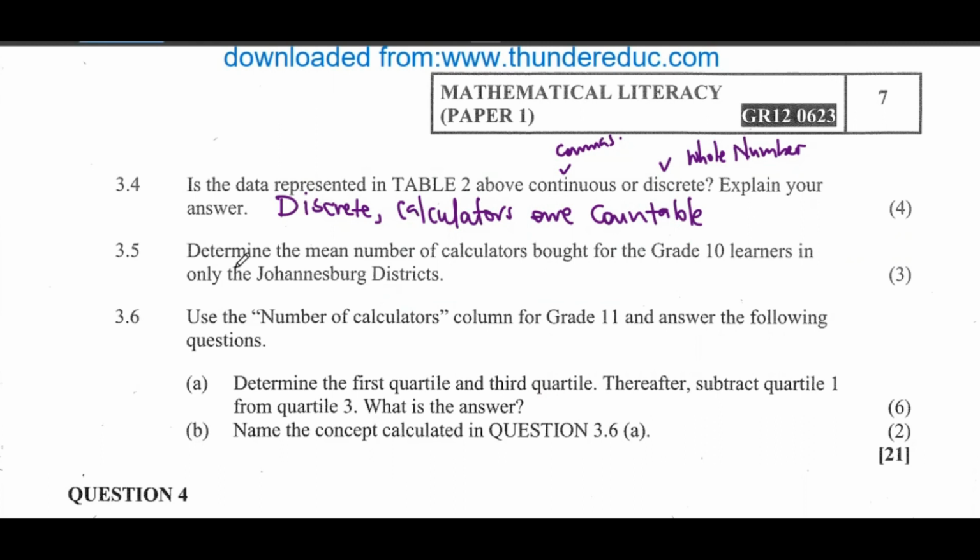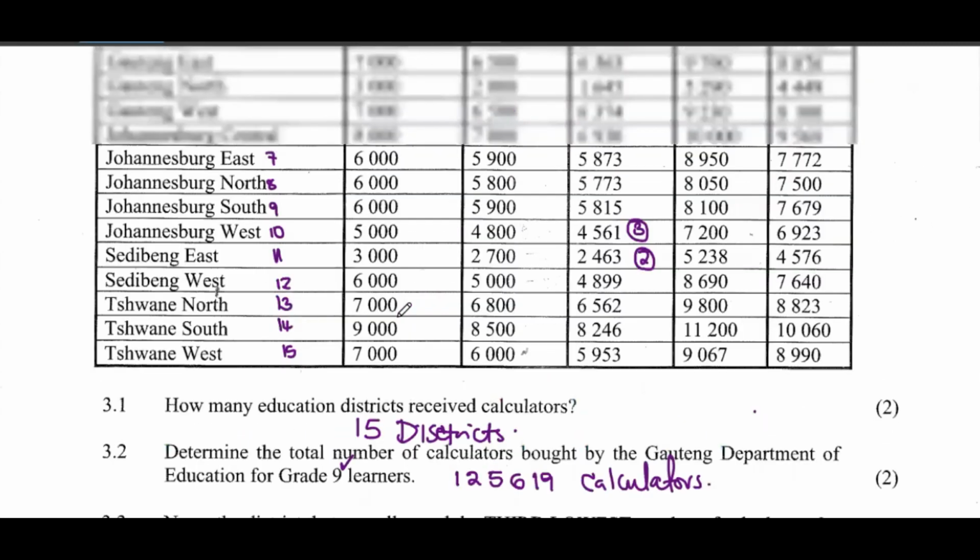Determine the mean number of calculators bought for grade 10 learners in Johannesburg district. We are looking at Johannesburg district. So simply meaning we shall only look at Johannesburg district, like Johannesburg Central, East, North, South, and West. We are not looking at Gauteng.